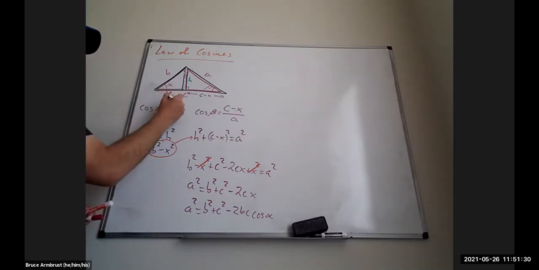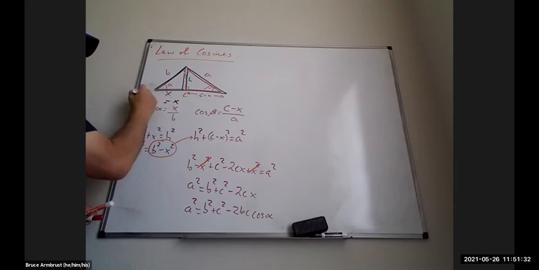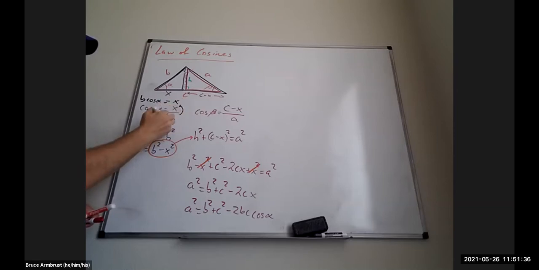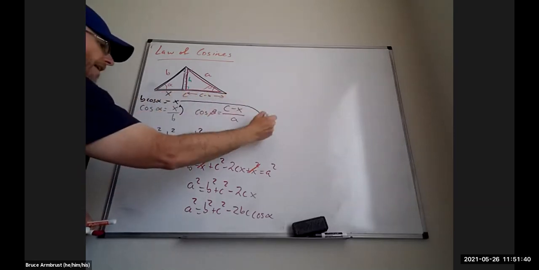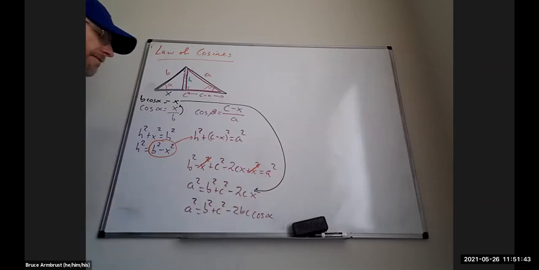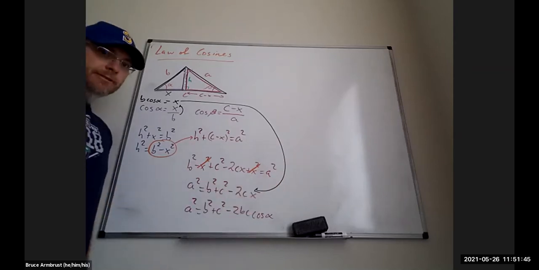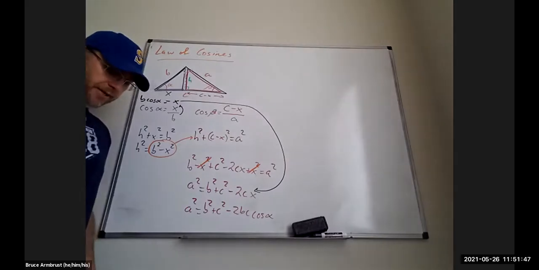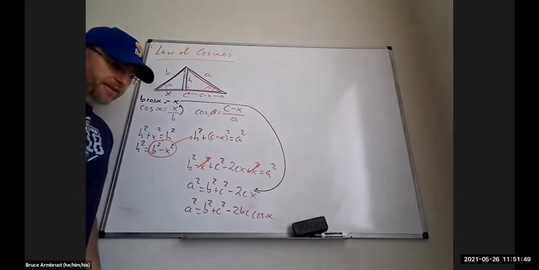And again, just in case you didn't follow what I said, let me show you. This becomes x equals b cosine alpha. And then I took that, fired it in here. Okay, so this is the ultimate algebra, just plug stuff in, get rid of other things.